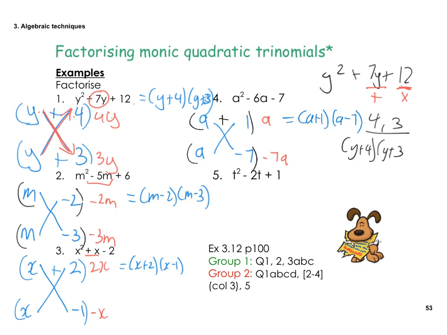Okay, last question for this bit of work. So question 5, t squared minus 2t plus 1. Again, same deal. Nice cross. T squared, t. Two numbers that times to give 1. Now this is +1, which means these are both minus or both plus. But since this one's minus, these are both minus.